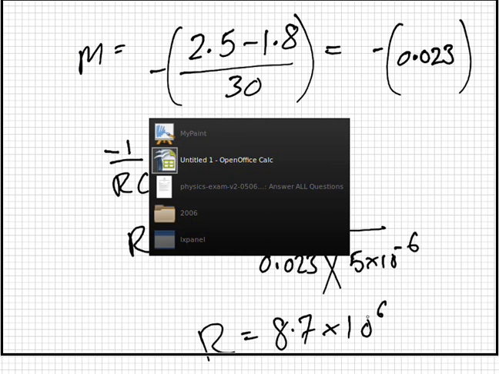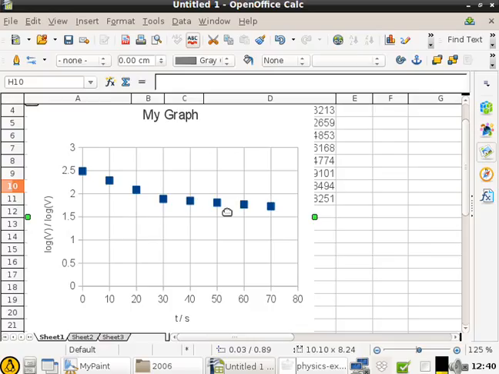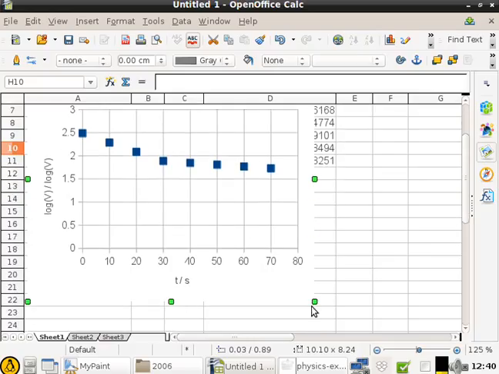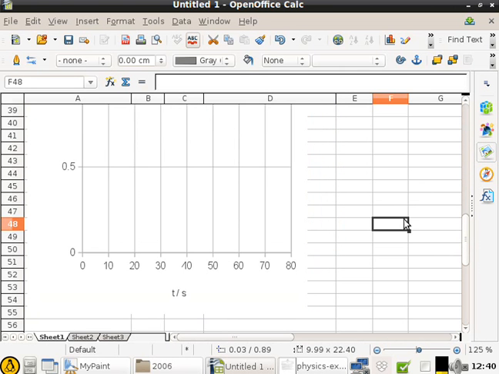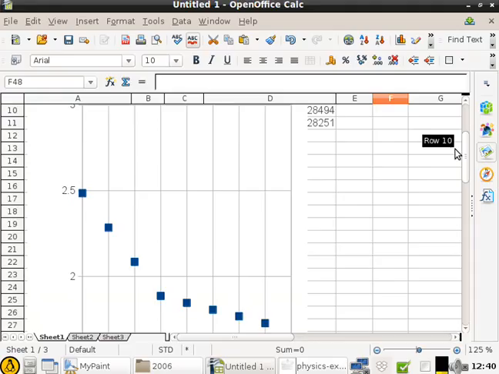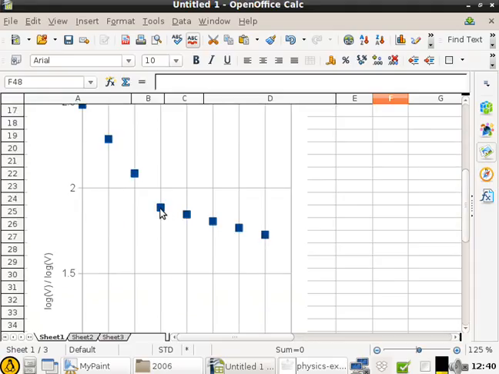Okay, now let's look at the next one. We might have to zoom in a bit here to try and get the next one. About 1.8 to 1.5. So how big is that? 0.3. No, it's 7.5.